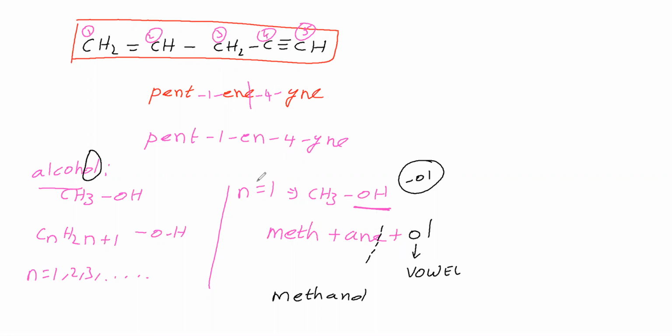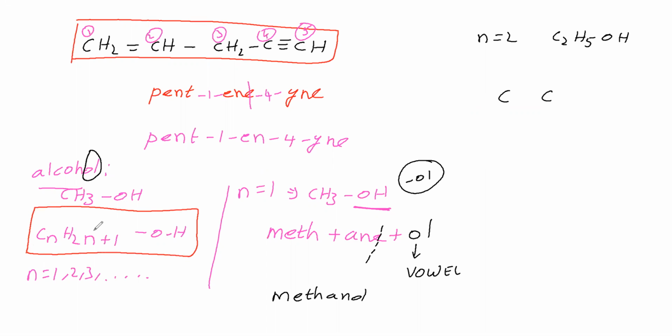Okay. Next we will write n is equal to 2. We will substitute in this formula. N equal to 2 gives C2H5OH. Here two carbon atoms are there. The two carbon atoms we will write like this. Then between carbon atoms, what bond do we have to give? If you are writing the formula based on this general formula, then between carbon atoms we must give a single bond.